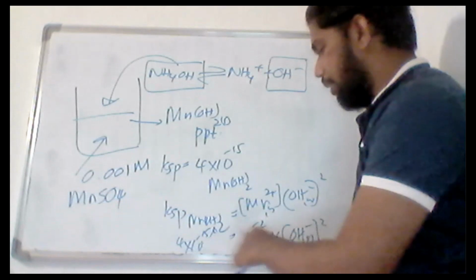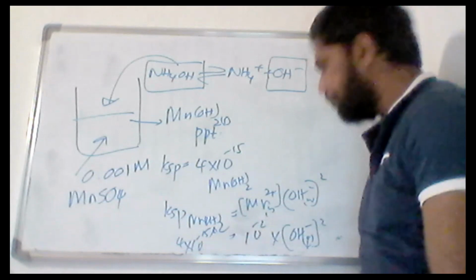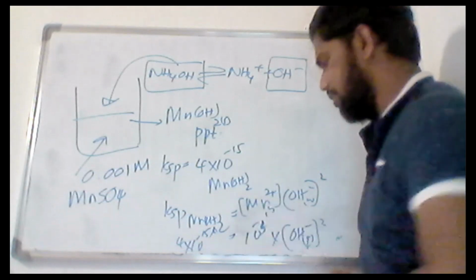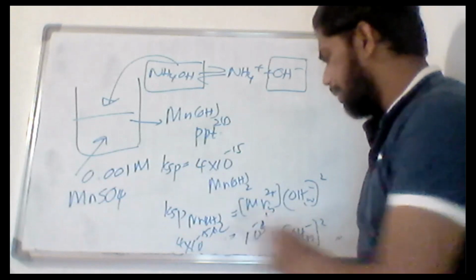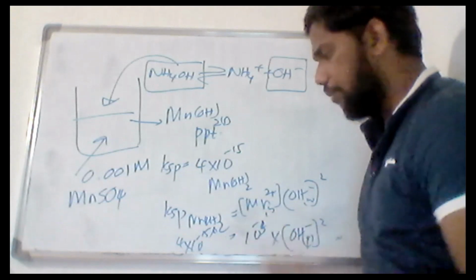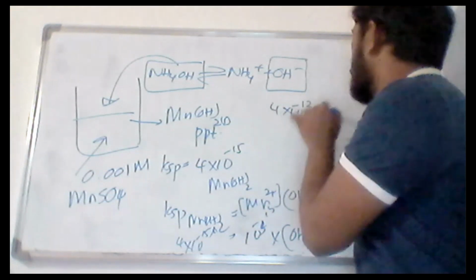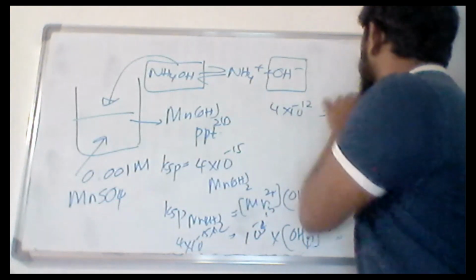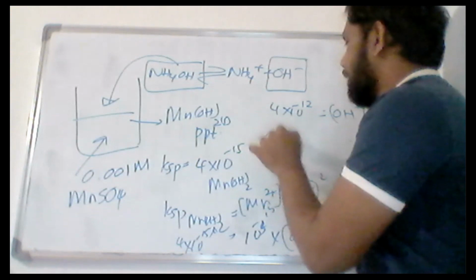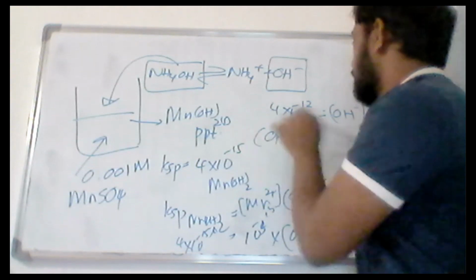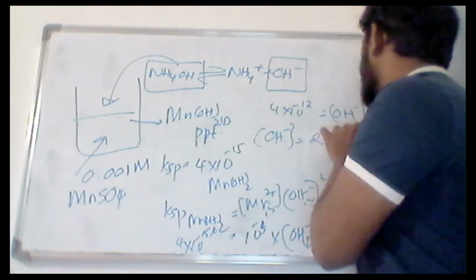So I can divide by this 10 to the power minus 3, and this will become 4 into 10 to the power minus 12, equal to OH minus squared. So the OH minus concentration is 2 into 10 to the power minus 6 M.